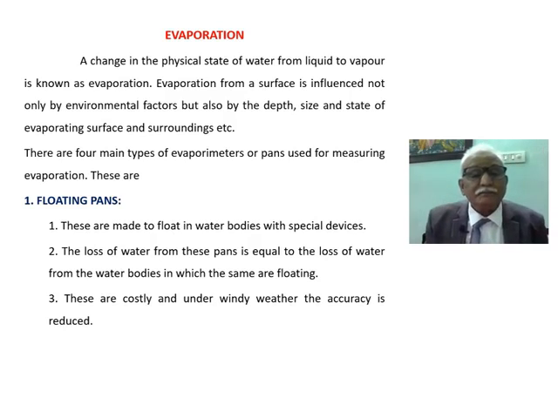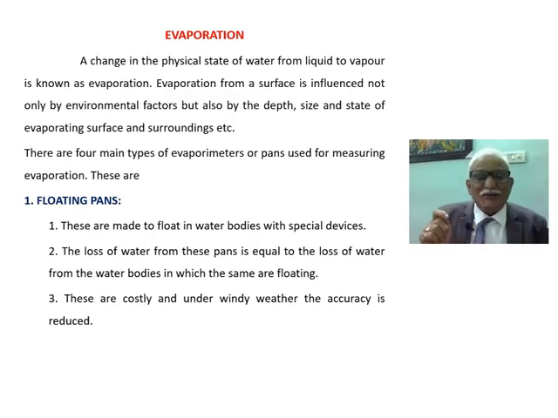Now, there are four main types of evaporimeters or pans used for measuring evaporation. The first are those made to float in water.